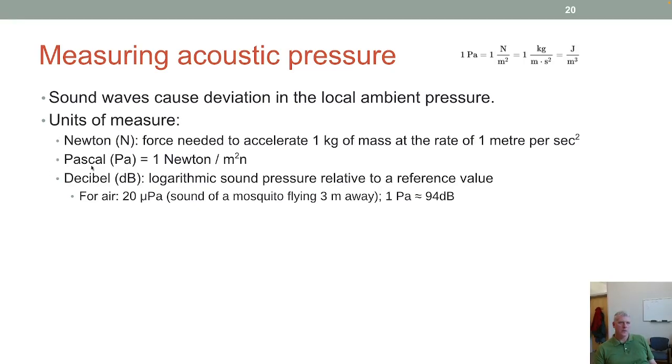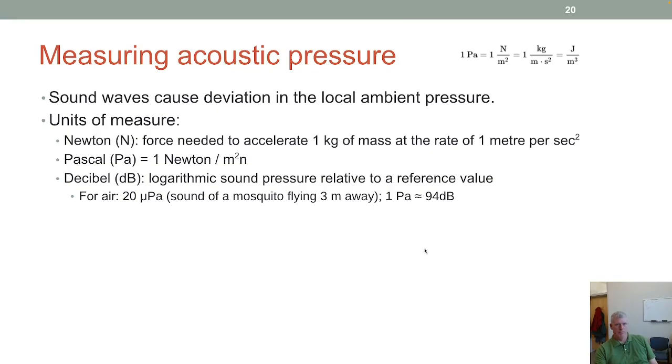Or a Pascal is a mathematical calculation with Newton. This one down here, the third sub-bullet, decibel, is the one you probably heard the most with sound. It's a way of measuring the amount of pressure, the loudness of the sound. And so for air, we have 20 micropascals, the sound of a mosquito flying 3 meters away, right?